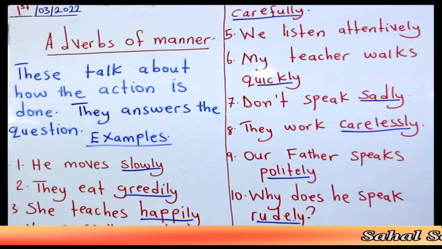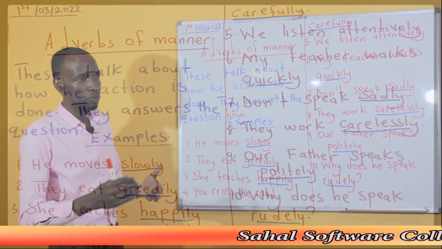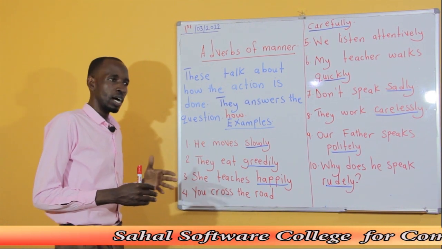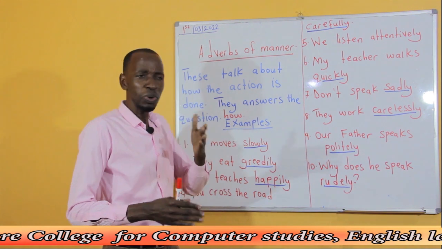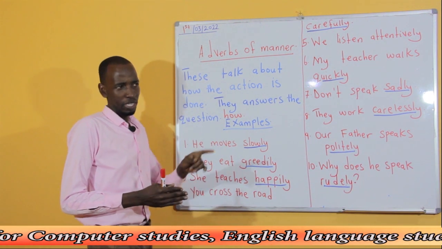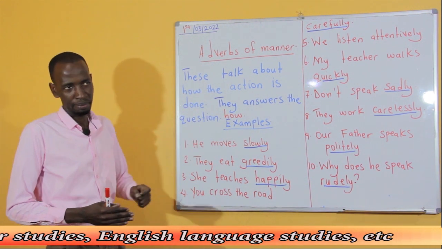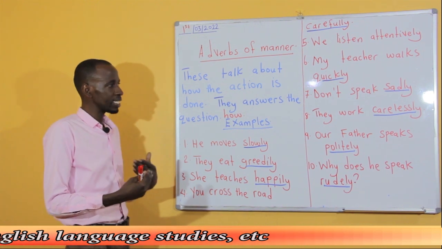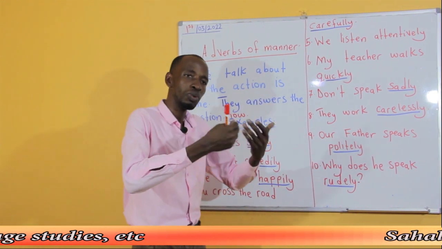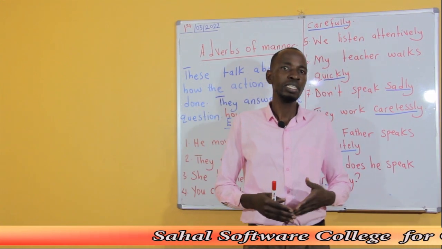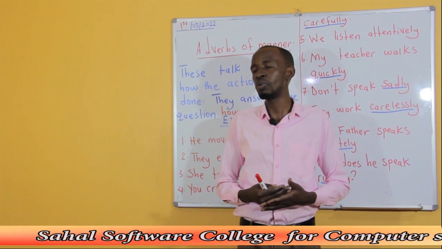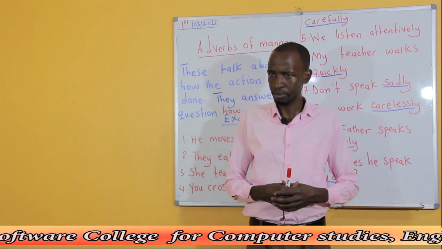How does someone teach? How do you speak? How do you talk? How do you walk? How do you swim? How do you eat? How do you drink? You must use adverbs of manner. When you are giving the answer, you tell us the way you do the action. That means you are using adverbs of manner.